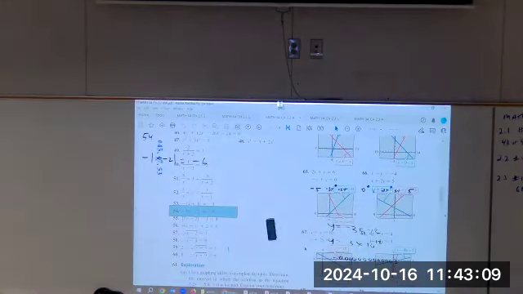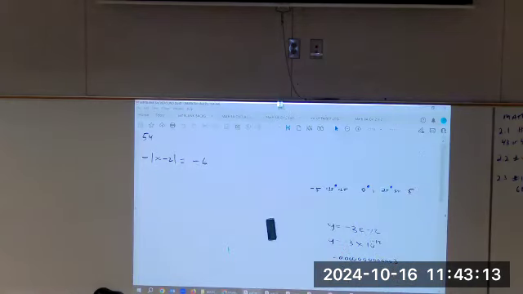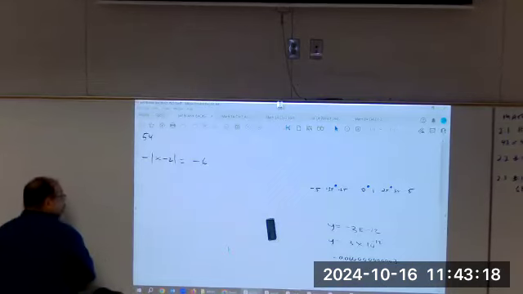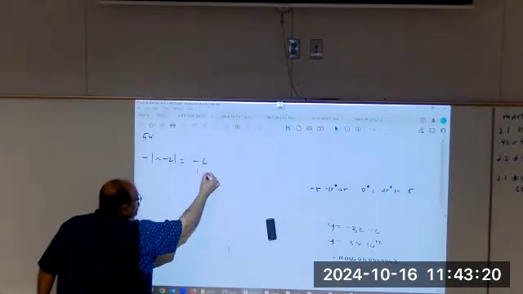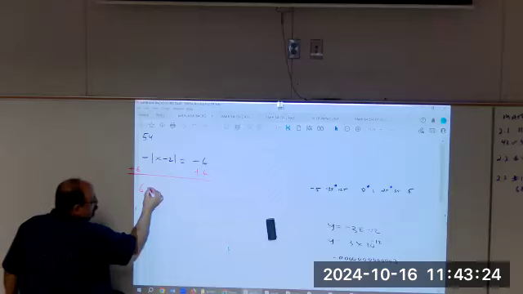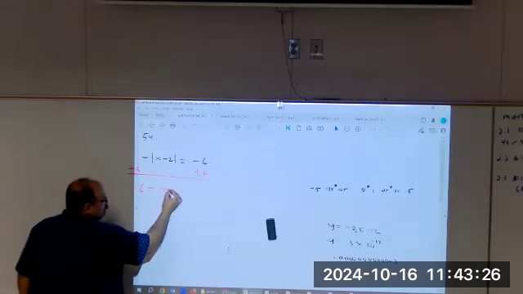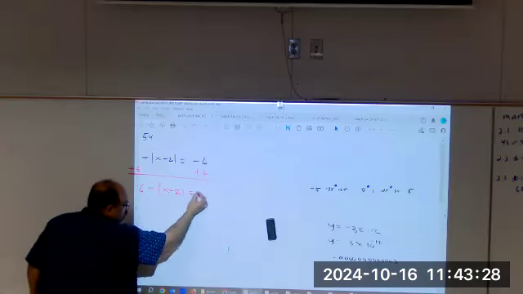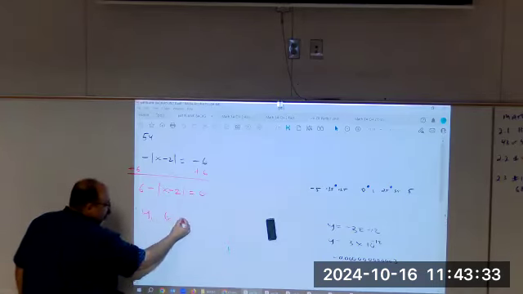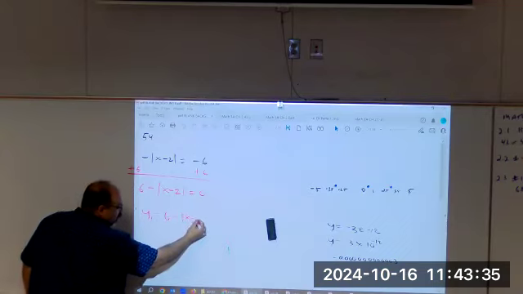So we need 0 to be on one side. What do you think would be nice? To add 6. So if we add 6, we're going to get positive 6, and then we take away the absolute value of x minus 2. And that equals 0. That's what we're punching. Y sub 1 is going to equal 6 minus the absolute value of x minus 2.